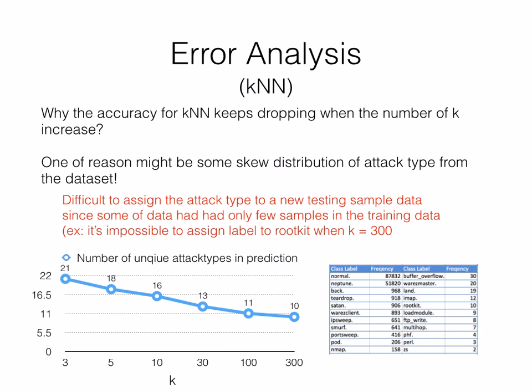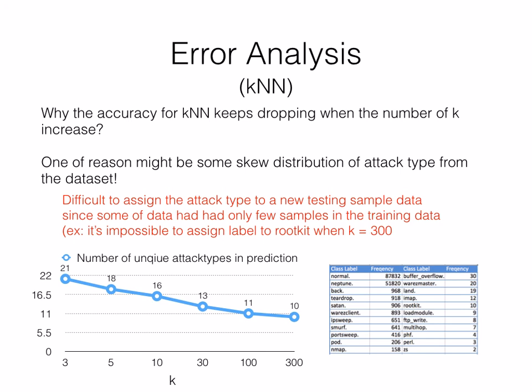So why does the accuracy for KNN keep dropping? One of the possible reasons is the skew of the distribution, as you can see in the graph on the bottom left, showing the number of unique attack types in prediction. When we increase the number of k, it's much more difficult to assign a class label to the testing sample, because you don't have a lot of samples in the training data set.